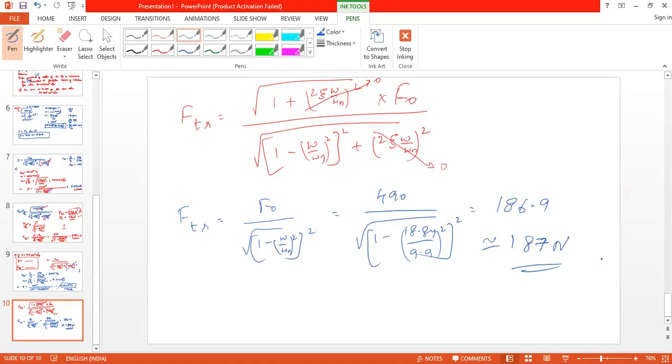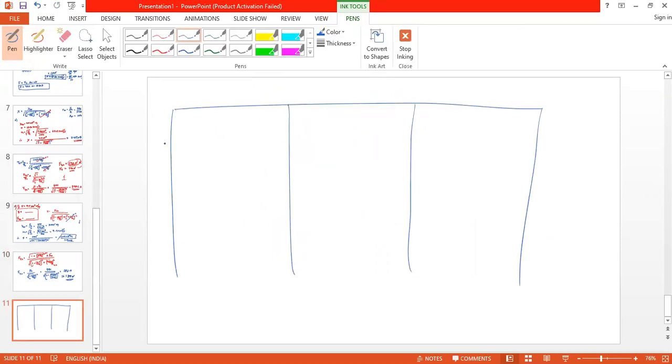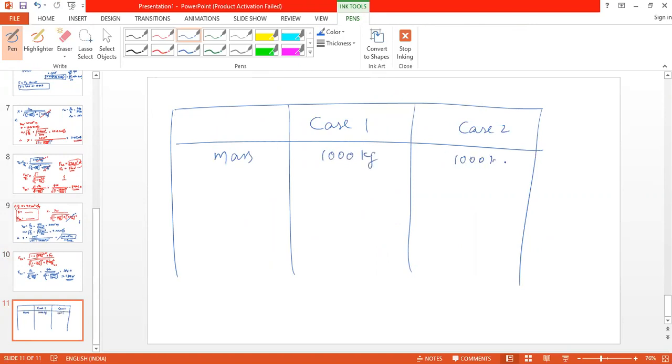So now, what is the comparison between case 1 and case 2? The mass is same, 1000 kg, and here also 1000 kg. And operating frequency is same, that is 18.84 radians per second and 18.84 radians per second.